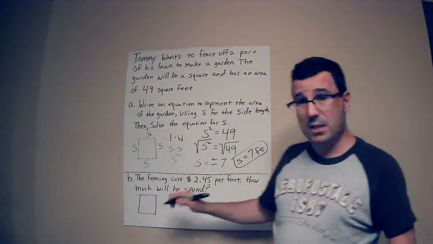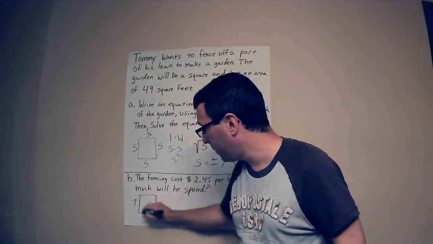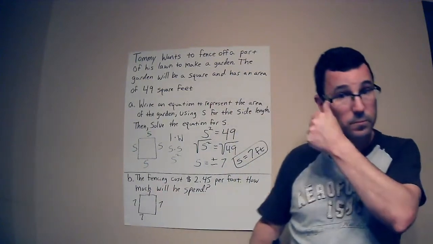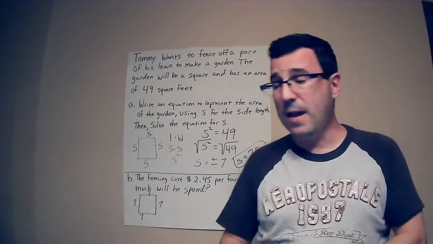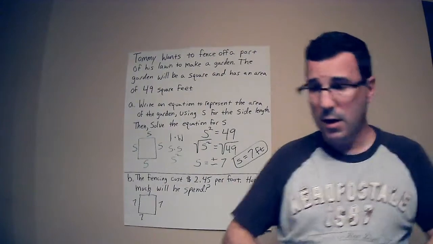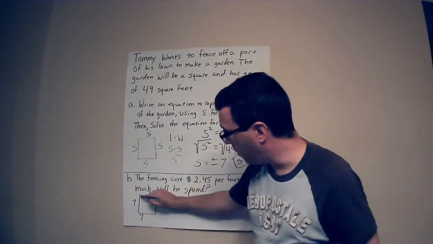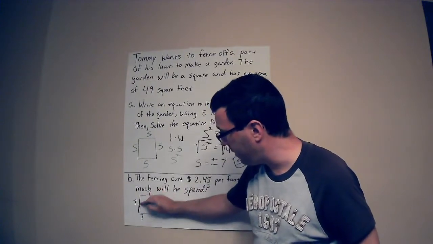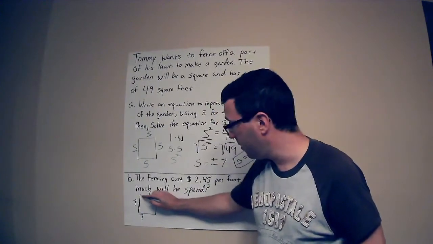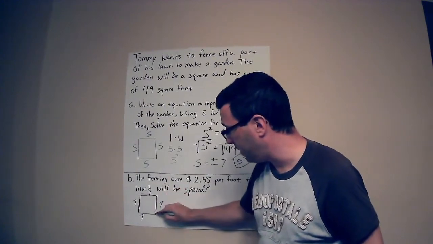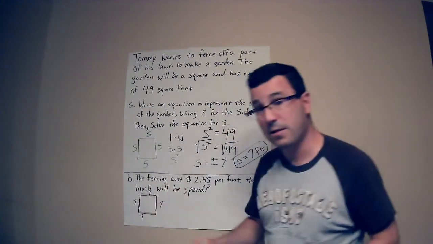Well, we know each side of this square is 7 feet long. And when we do a fence, it only goes around the outside. So I'm going to have 7 feet of fencing there, 7 feet of fencing there, 7 feet of fencing there, 7 feet of fencing there.